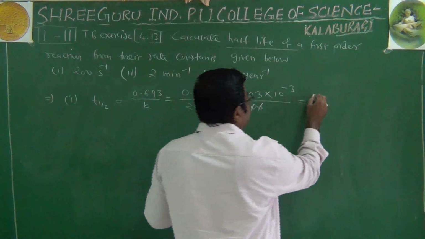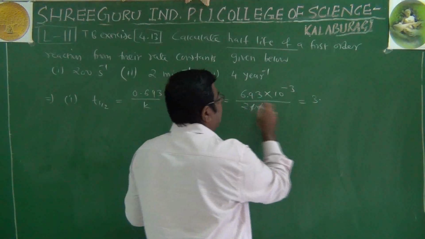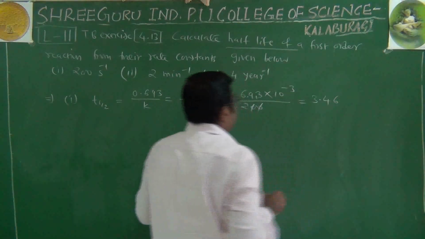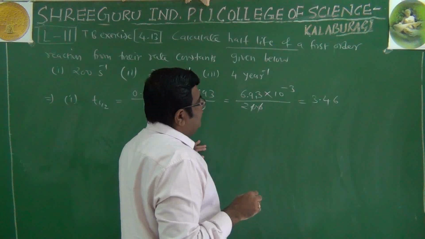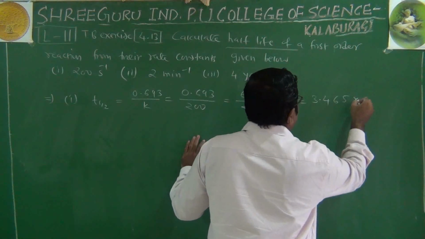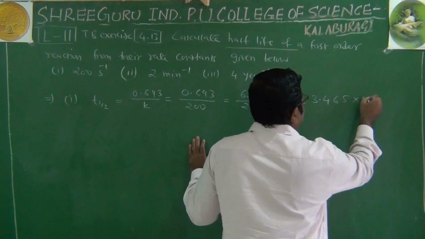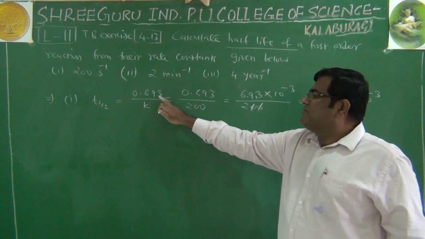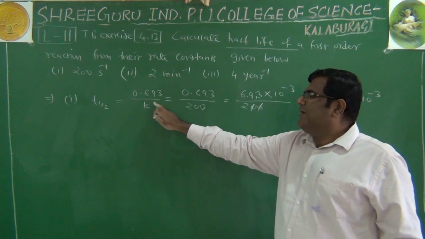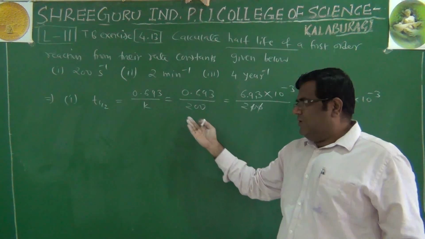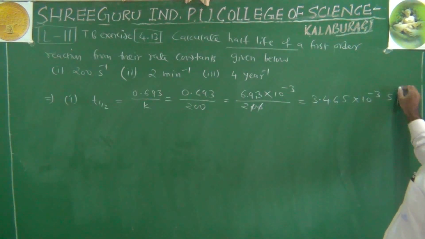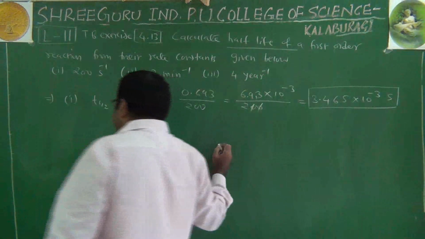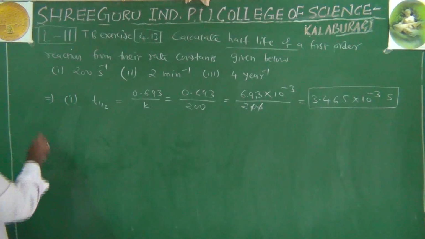It is 3. 2 3s are 6. Then 2 4s are 8. It becomes 13. 2 6s are 12. And then 1 remains. So I can write it as 5 here, because 2 5s are 10, multiplied by 10 raised to minus 3. And as it is per second, so this has no unit number, divided by s raised to minus 1, and when we solve this we can write this as second. So only s is to be written, not SEC as students usually do, because it is an SI unit and we have to write just only s, right?